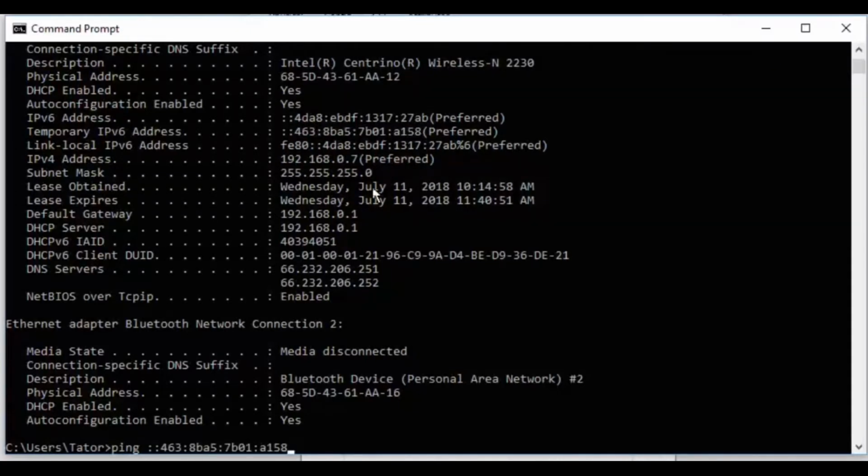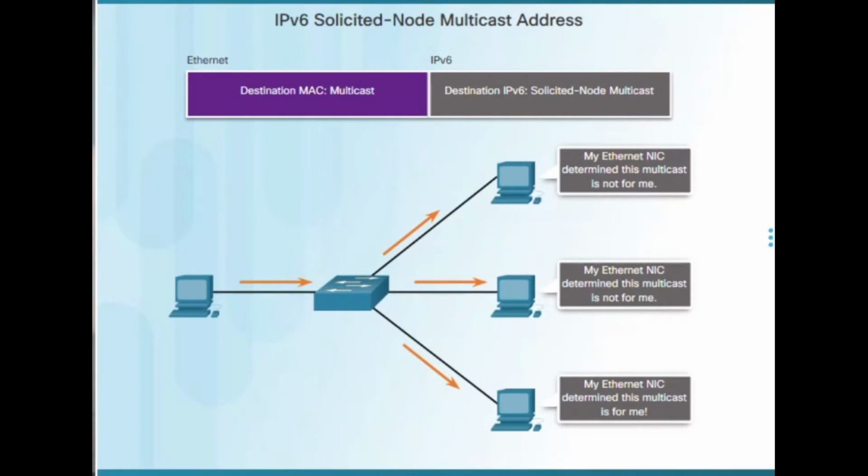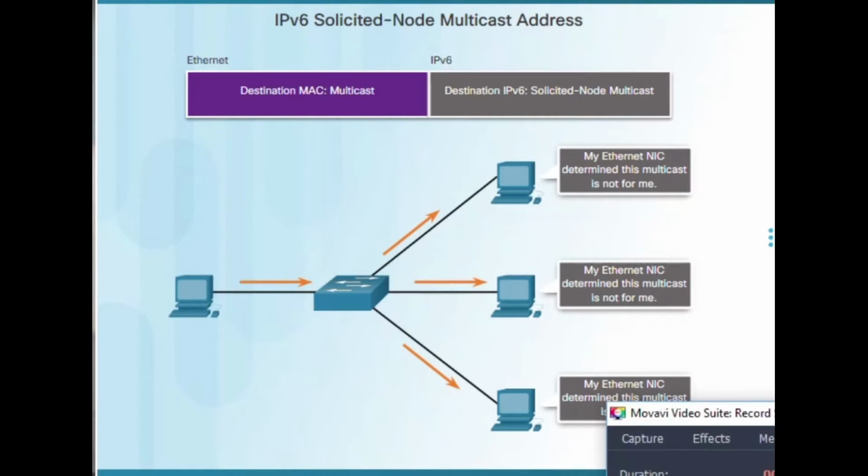IPv6 multicast addresses are similar to IPv4 multicast addresses. Recall that a multicast address is used to send a single packet to one or more destinations. IPv6 multicast addresses have the prefix FF00::/8. Multicast addresses can only be destination addresses and not source addresses.